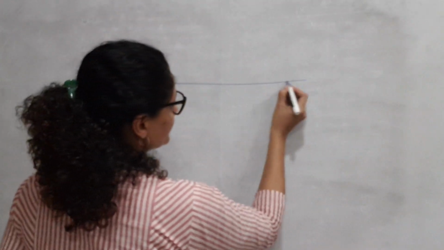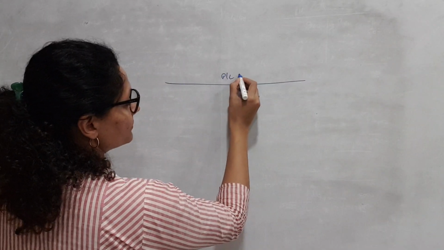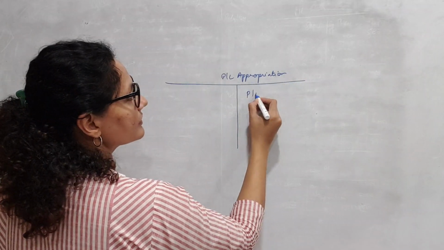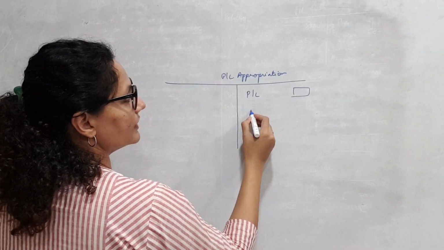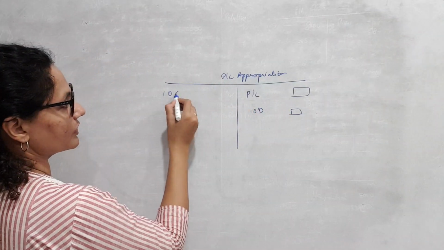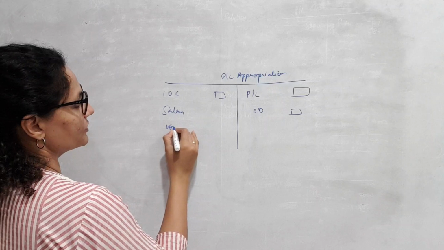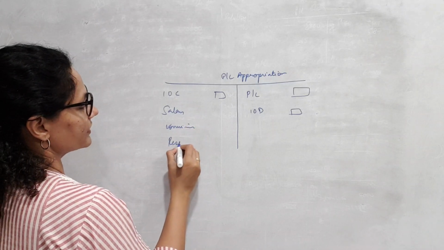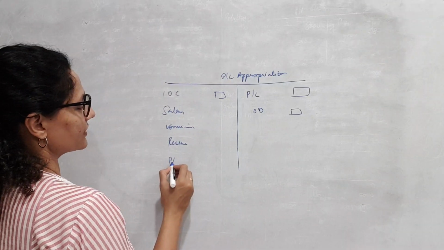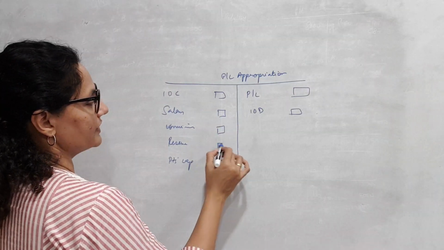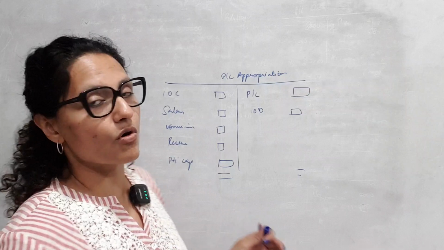You remember, from PL we bring the profits to the PL appropriation account, and there we have the net profit brought down here, interest on drawings of all partners, interest on capital, then salary and commission of partners, then transfer to reserves, and the final profit is transferred to partners' capital or current account.